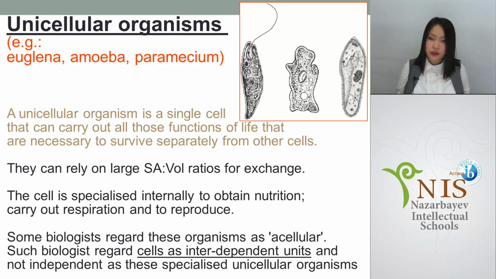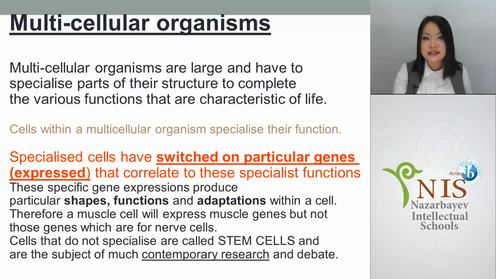If you look at unicellular organisms, a unicellular organism has its own metabolism, and it could live by itself without other cells. But we couldn't say that about multicellular organisms.